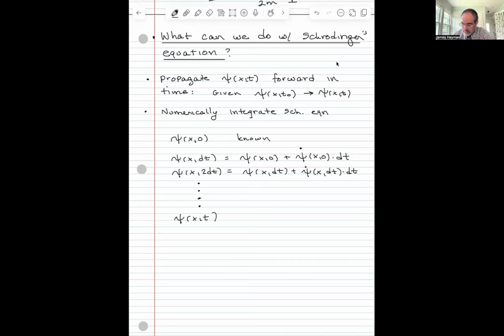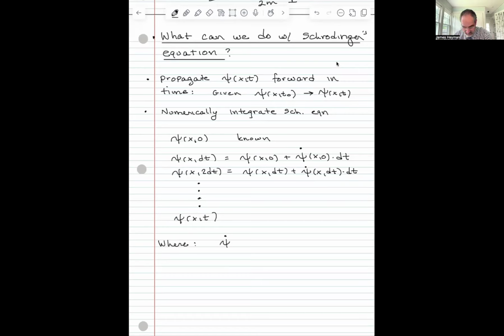Secondly, if you're wondering about the time derivative of the wave function, notice that that's exactly what Schrodinger's equation gives us. We can write the Schrodinger equation this way.